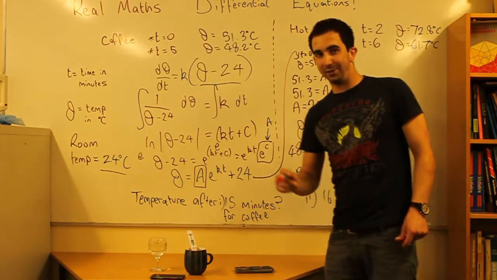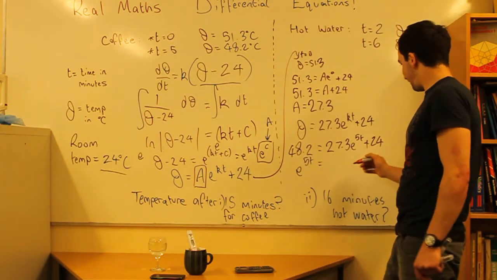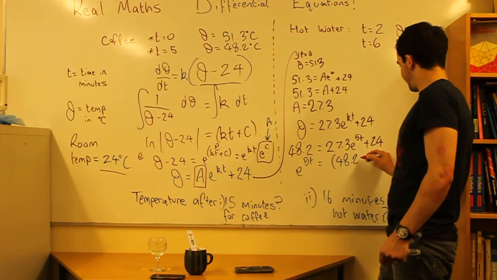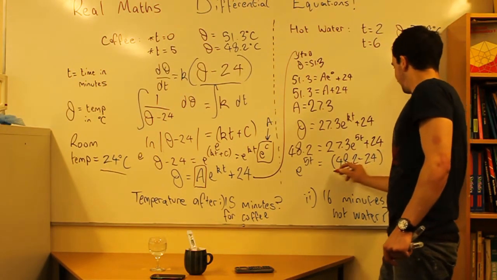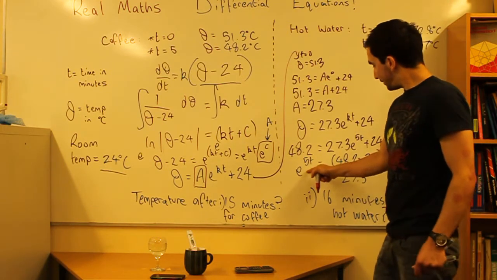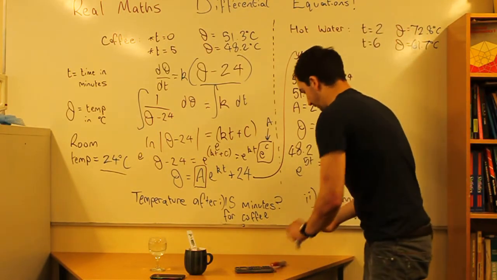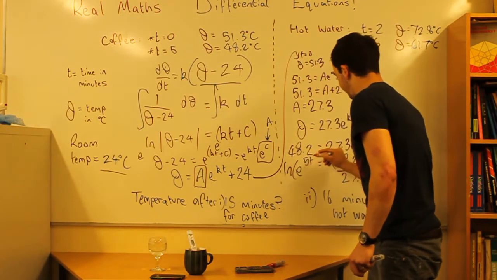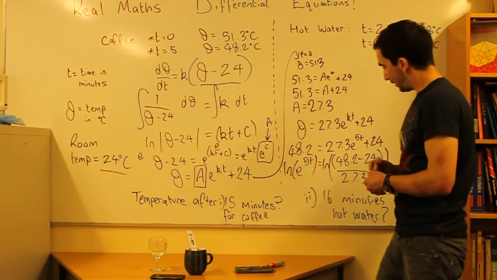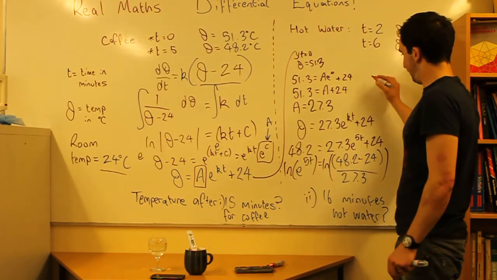I was a bit ambitious doing hot water and coffee. E to 5t, that take away that. 0.2, take away 24, divided by 27.3. Now we want to ln both sides. Okay, so ln of that, ln of all that. And that gets us just 5t, and then we just divide by 5.